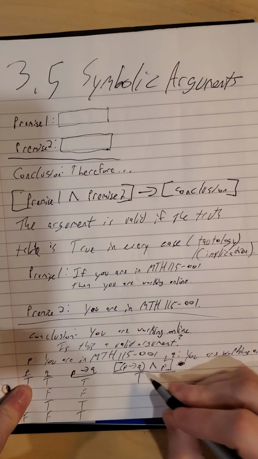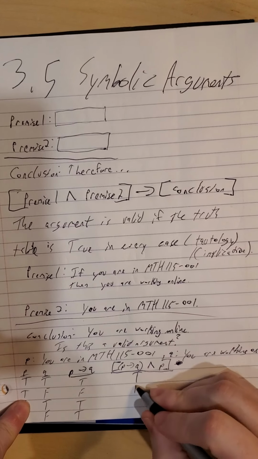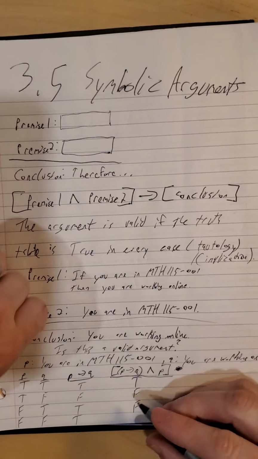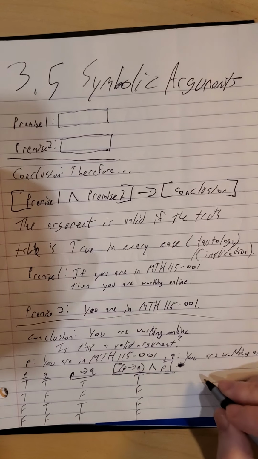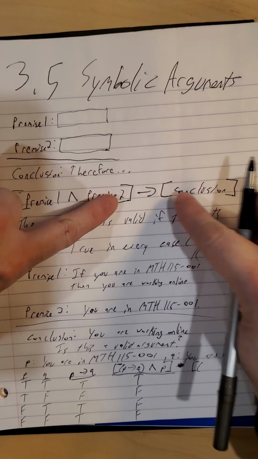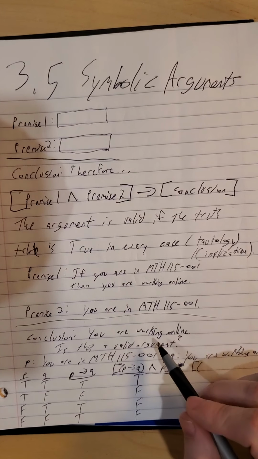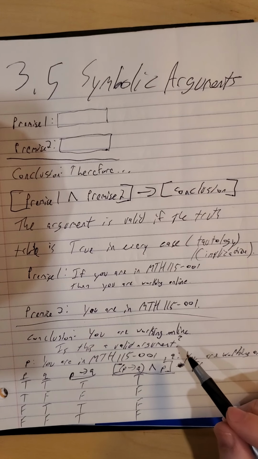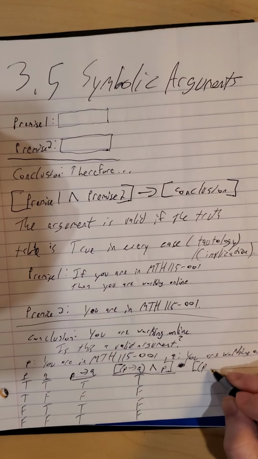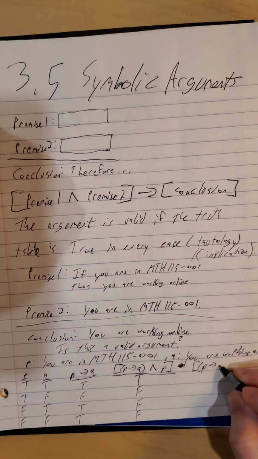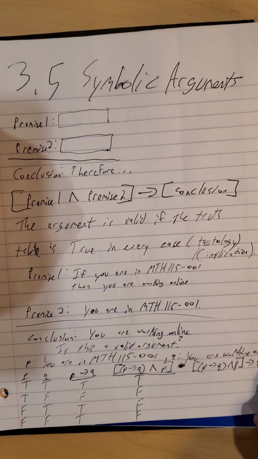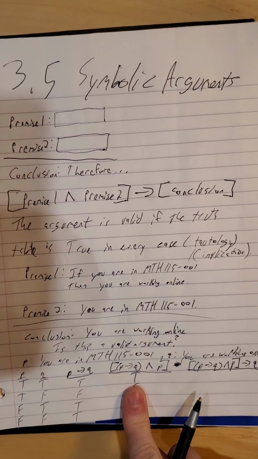So true for row 1, false for row 2, false for row 3, false for row 4. And then we'll have our whole if-then. So our conclusion was you are working online, that is, as we saw, statement Q. So if we have P implies Q and P, then Q.